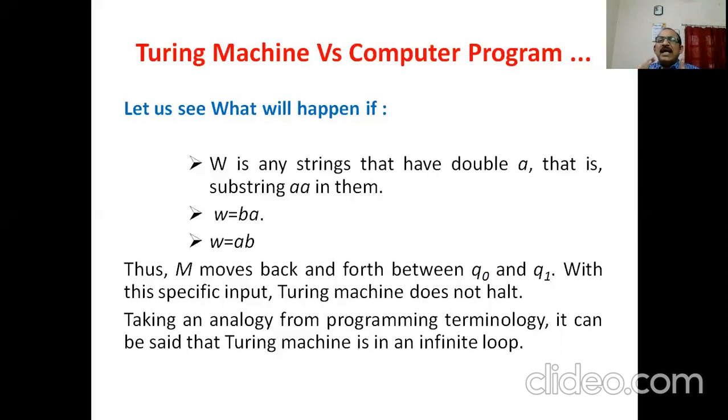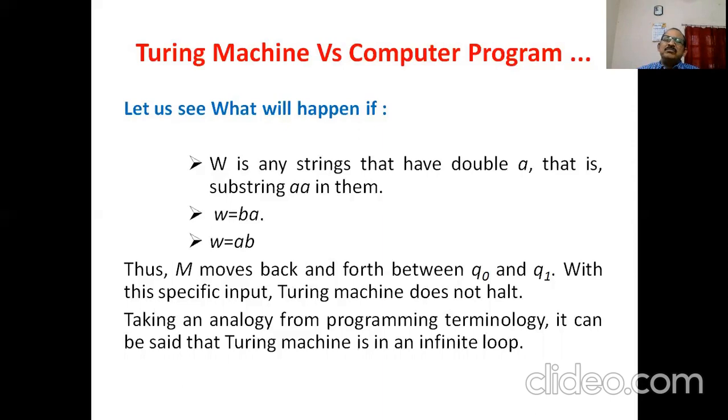Every Turing machine M over the alphabet sigma divides the set of strings sigma star into three classes. First class, accept M. Second class, reject M. Third class, loop M. Is it clear?